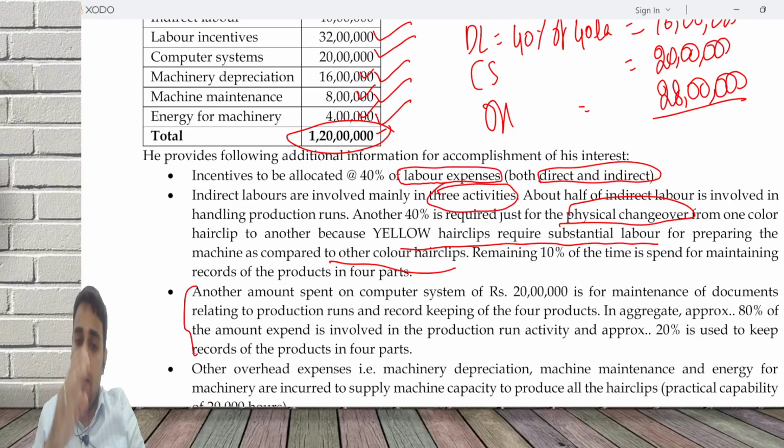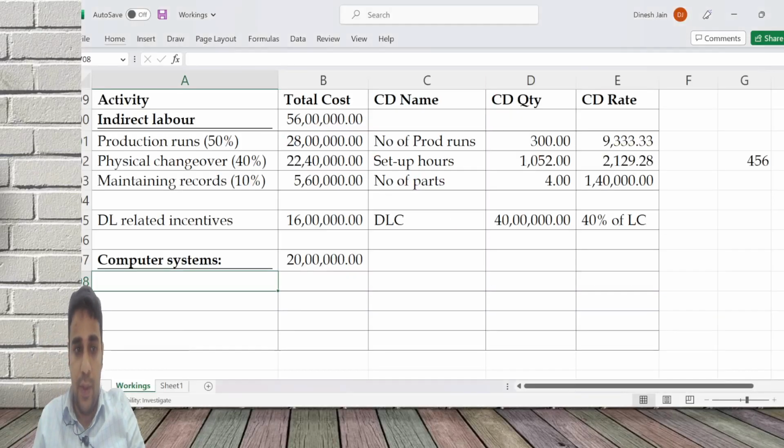Four parts means equally across all the parts. So production runs related is 80% and record maintenance is 20%.